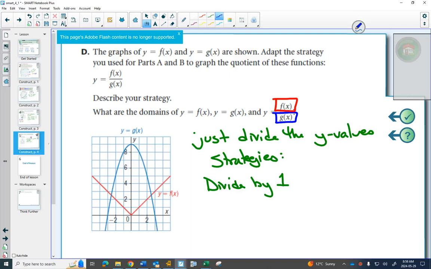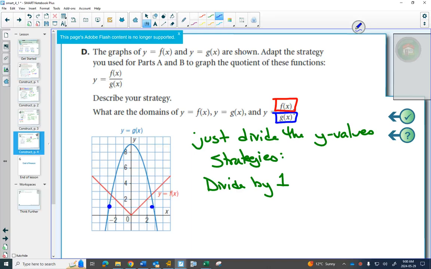Why is that easy to do? Okay, I'm going to go on my graph. Here my blue graph is 1, and here my blue graph is 1. Well, because your times table is pretty good with 1s as well, probably, dividing by 1 just keeps something the same.